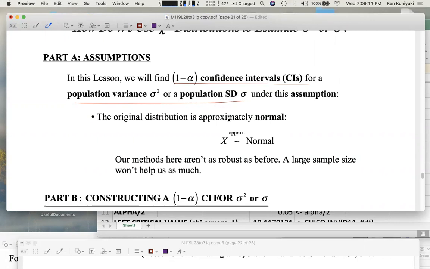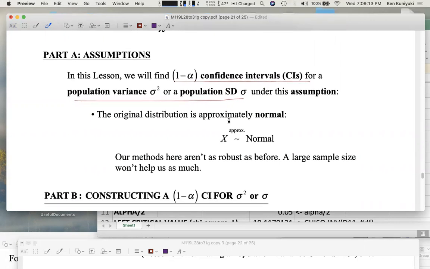That's the key distinction. Now, again, we're removing ourselves from the CLT. The key assumption here is that the big daddy distribution really has to be normal. So the methods here are not as robust as before. Another term for robust is distribution free.